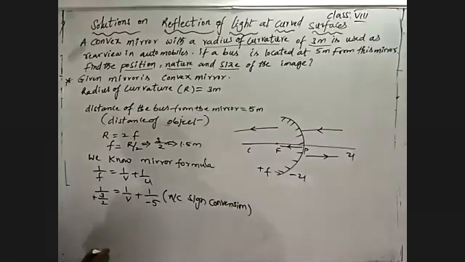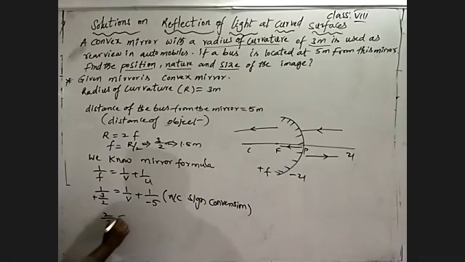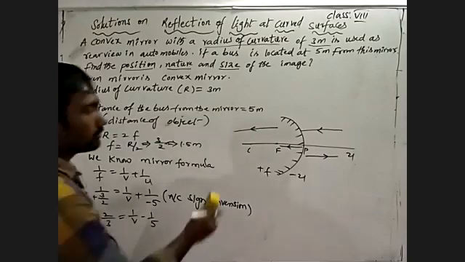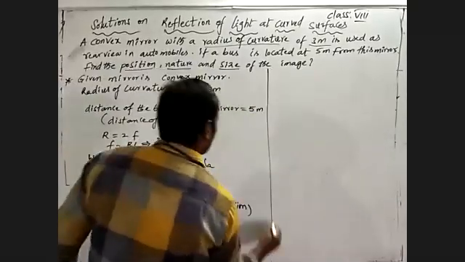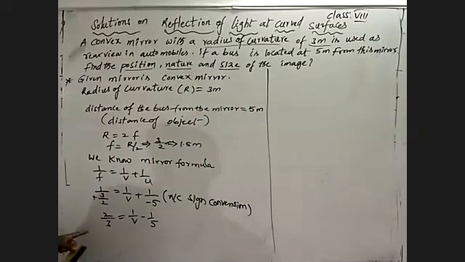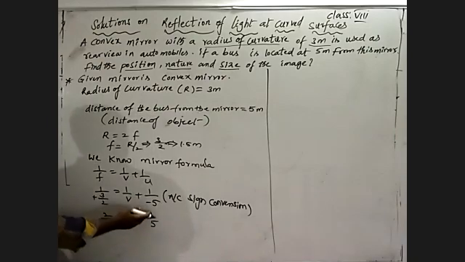Coming to that, by taking the reciprocal, it will become 2 by 3 is equal to 1 by v plus into minus 1 by 5. Understand? Let me transfer this minus 1 by 5 to this side, and it will become plus.